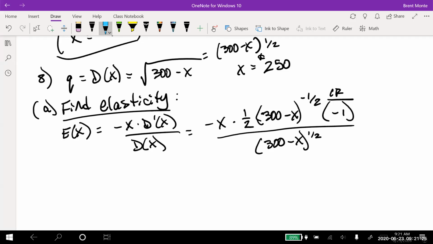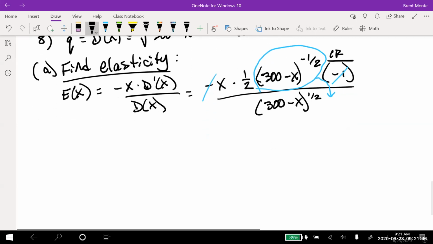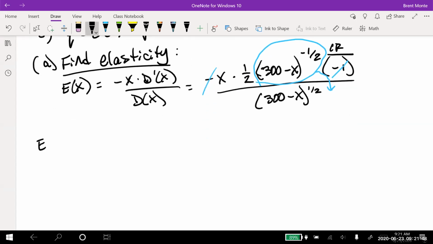Okay, so let's see what happens. This negative got canceled out by that negative 1. I'm going to do this. Remember, this piece to the negative 1/2 power, the negative exponent brings it down to the bottom. So e of x equals, now notice, first of all, big fraction, here's our 1/2, so that 2 just goes down on the bottom.